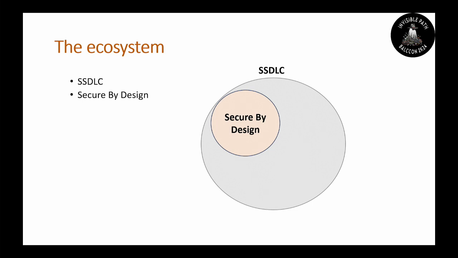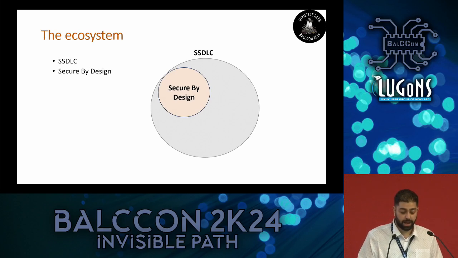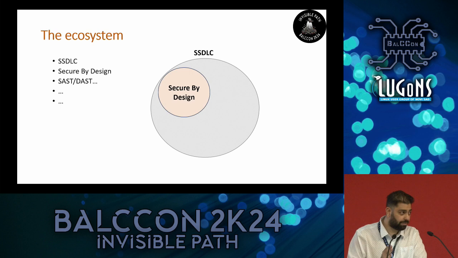You will review all of those, and also all the dependencies, all the libraries you are going to use, and all the necessary third-party tooling. Those are also included in secure by design, and secure by design is a big part of the secure software development lifecycle. And we also have static analysis and dynamic analysis as part of the process.